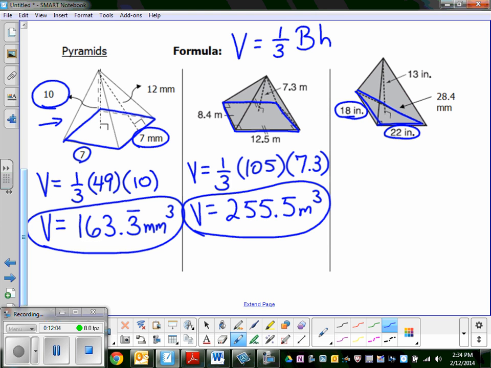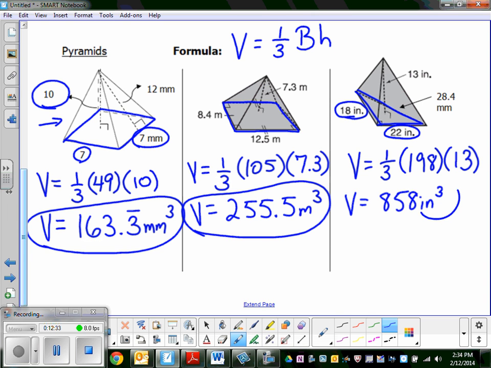When you substitute those into the area formula for a triangle, you'll end up getting 18 times 22, and that product divided by 2, which would give you the area of that triangle, working out to be 198 inches squared. If we multiply that by 1/3 and by the height of our pyramid, we can get the volume of our pyramid here, which happens to be 858 inches to the third power.